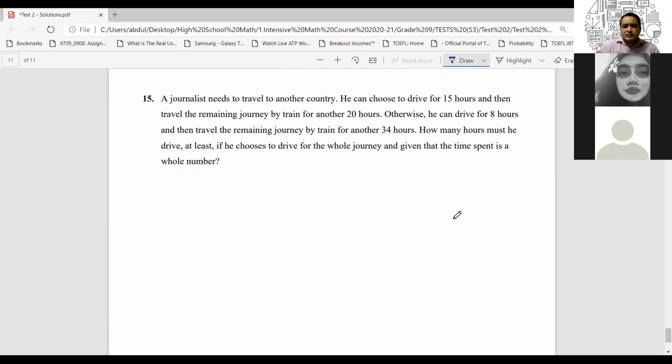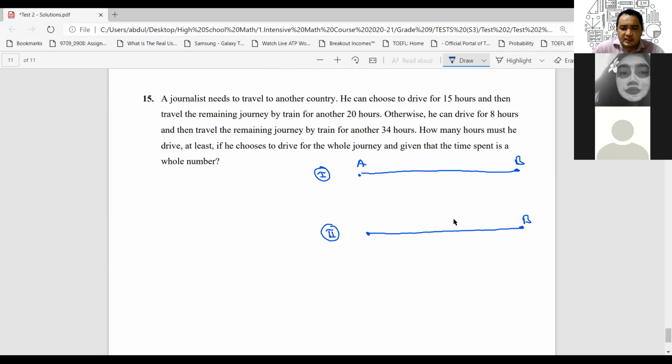Good. So actually, you're talking about traveling from A to B. From A to B, we have two options. This is our first case, and that's our second case, right? He can choose to drive for 15 hours and then travel the remaining journey by train for another 20 hours.